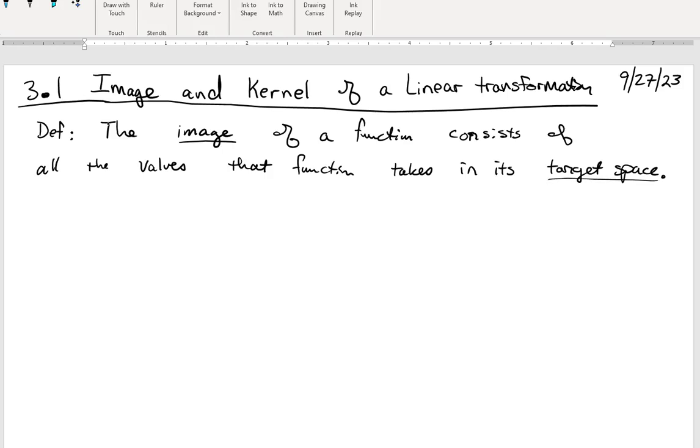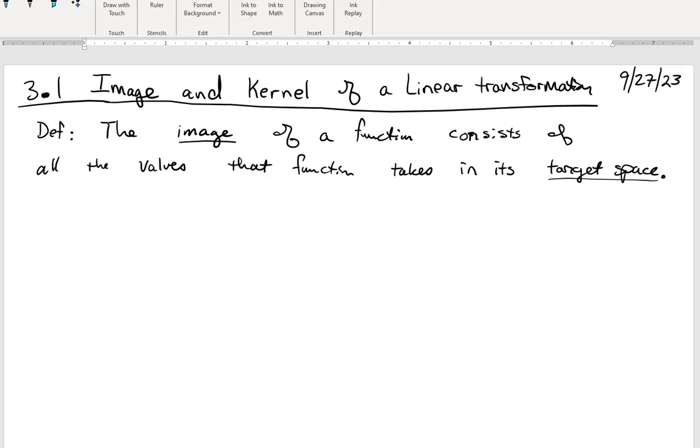And target space is a vocabulary word also here. In Math 112, this word image, we would have called it range. Right? So in Math 112, the word range would have corresponded to all the y values of a function.